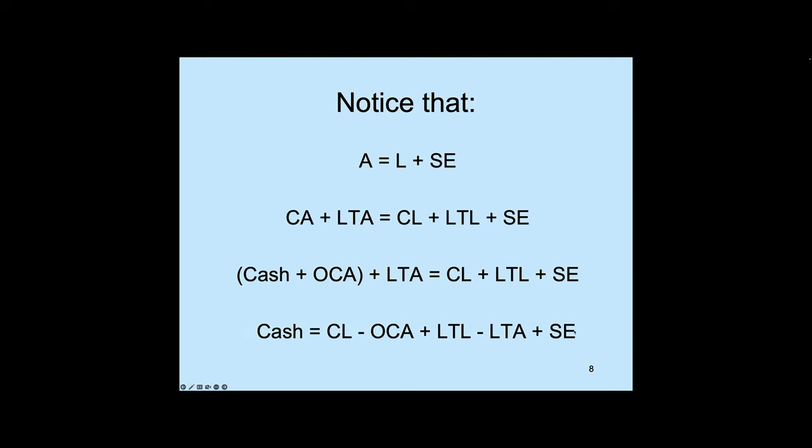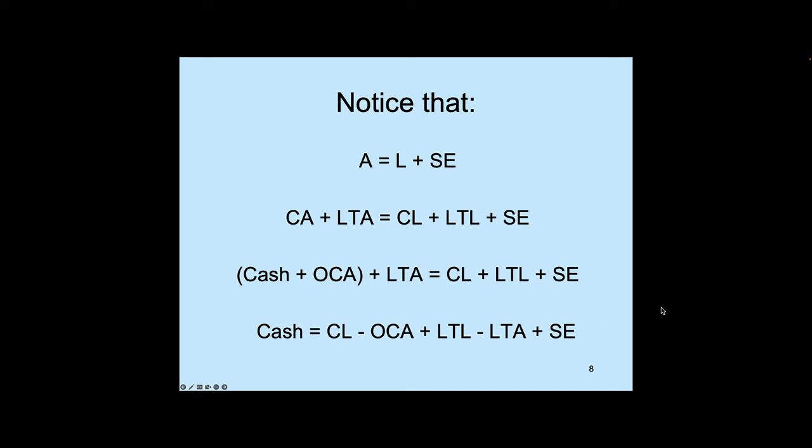And then if we subtract the other current assets from both sides, it removes it from the left-hand side, and it moves over to the right side as a negative. And we subtract long-term assets on the left side, that makes it 0, and you put it on the right-hand side.